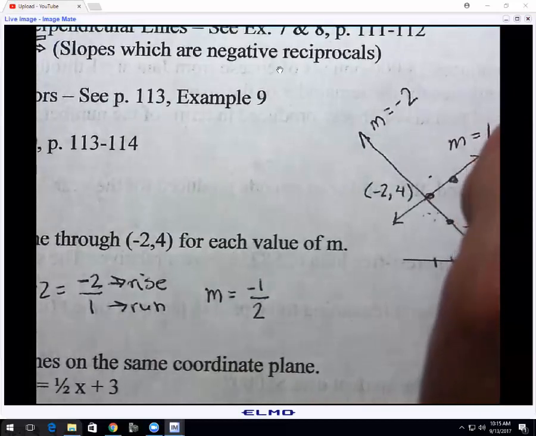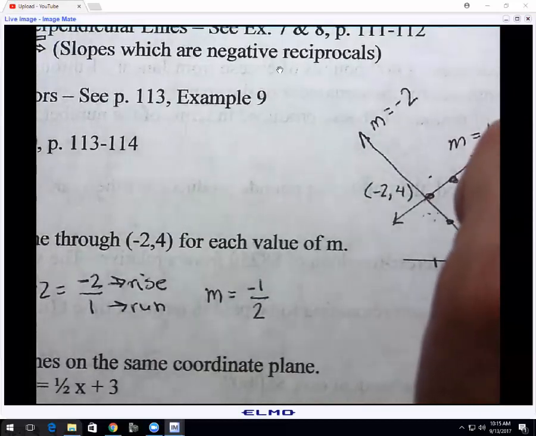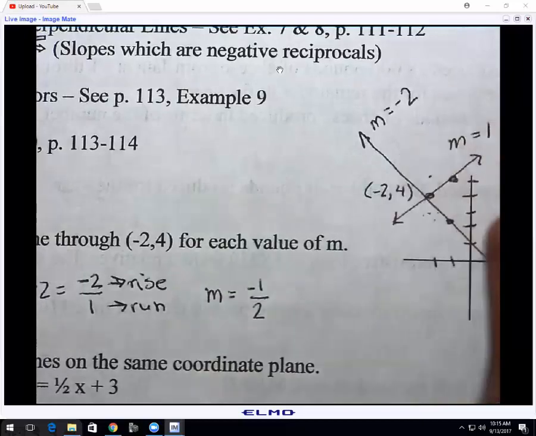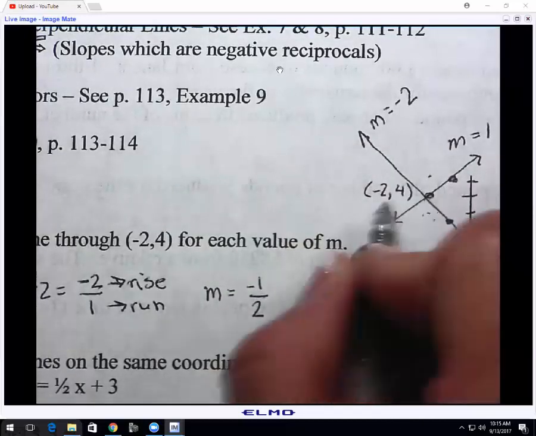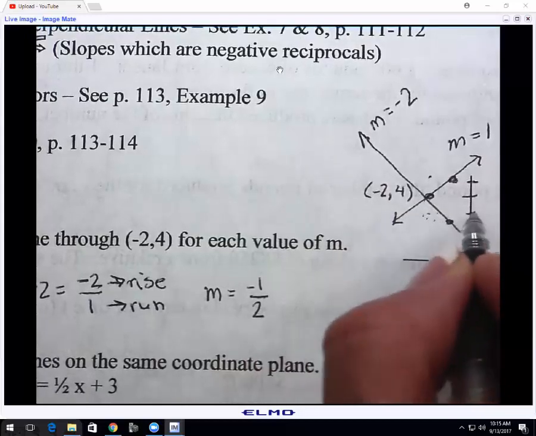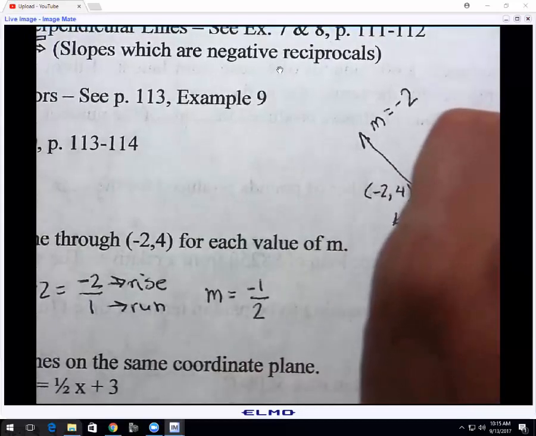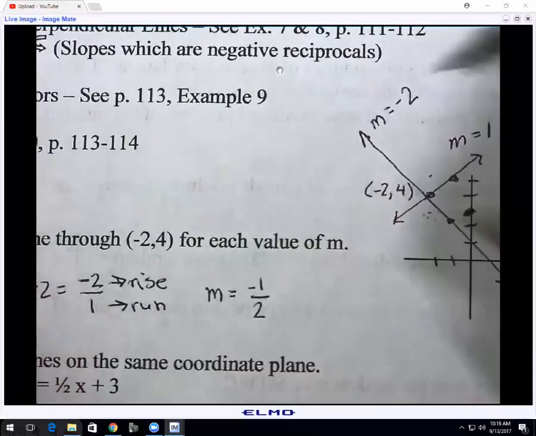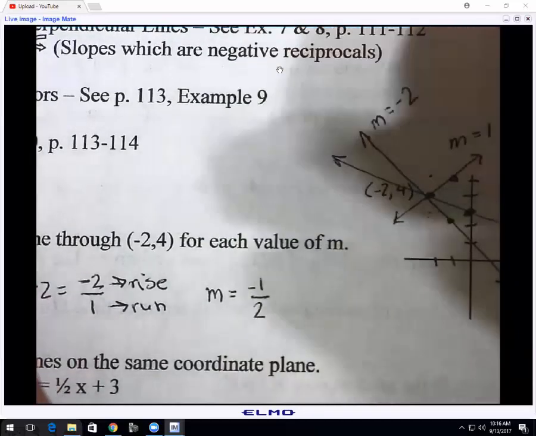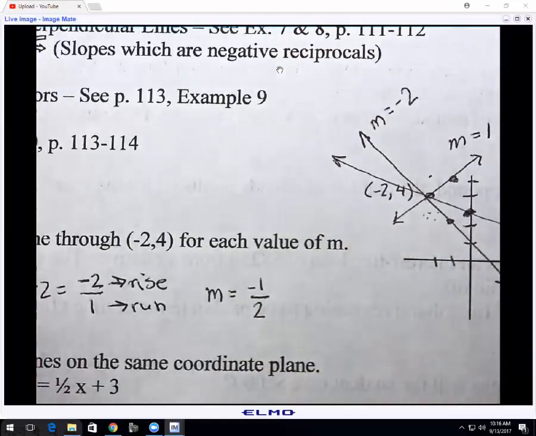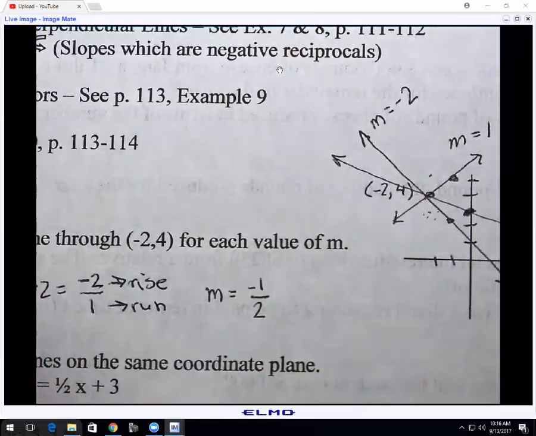Boy, this just got sloppy. If I had graph paper, I could see the grid better. But down 1 over 2 should put me right here. That's the line with the slope -1/2.